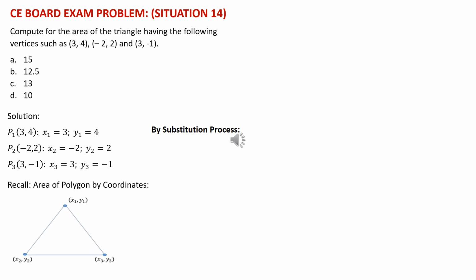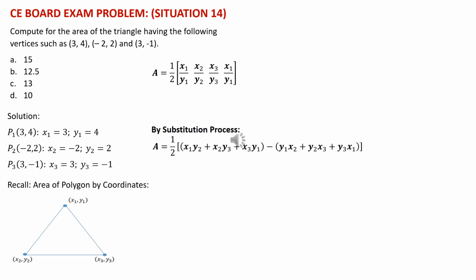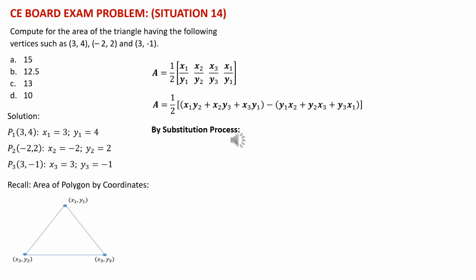But of course, as shown, it is our area of triangle by coordinates illustration. And also, these are the formulas that we can adopt so that we can easily solve the area of a triangle by coordinates.